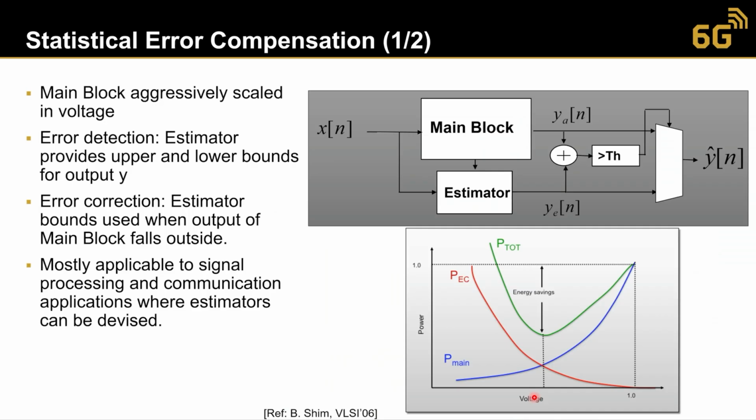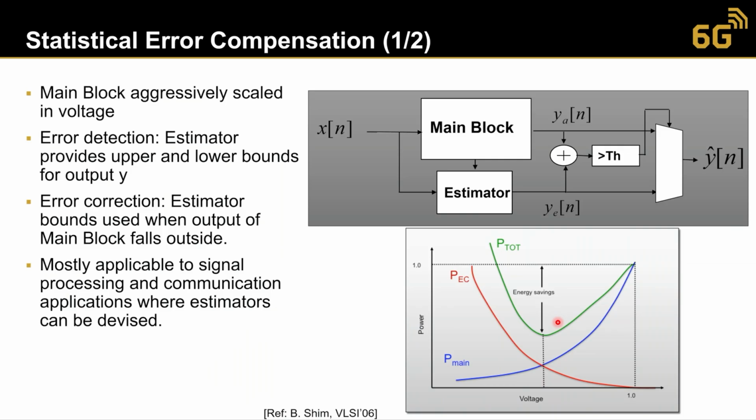One interesting solution, again already somewhat old, is statistical error compensation, where you have a big main block of computation and then you have an estimator which estimates the correct result. And again, if you keep the error correction energy low enough and you can at the same time lower the voltage of the main block, then you get energy benefits exactly like in Razor.